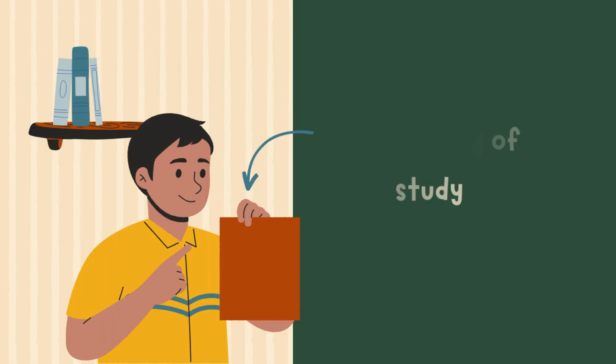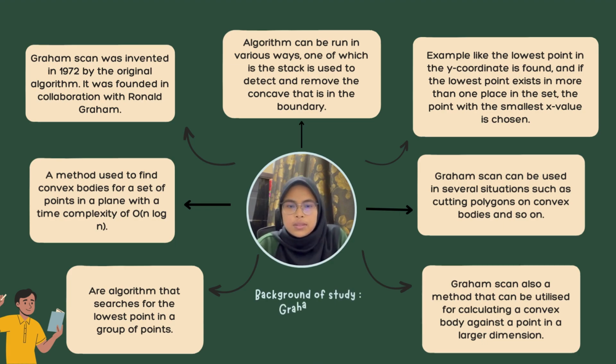Background of study. So next, the background of study for Graham scan. Firstly, Graham scan was invented in 1972. The original algorithm was founded in collaboration with Ronald Graham. It is a method used to find the convex hull for a set of points in a plane with a time complexity of O(n log n).